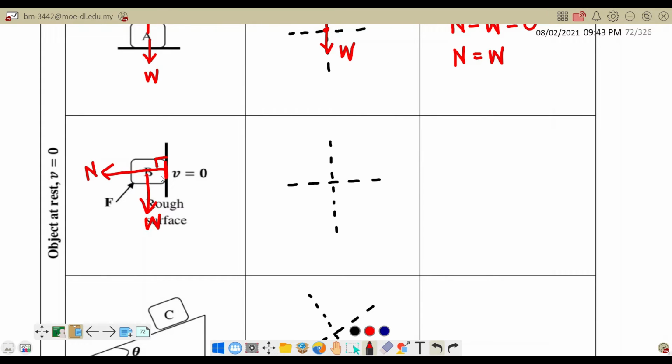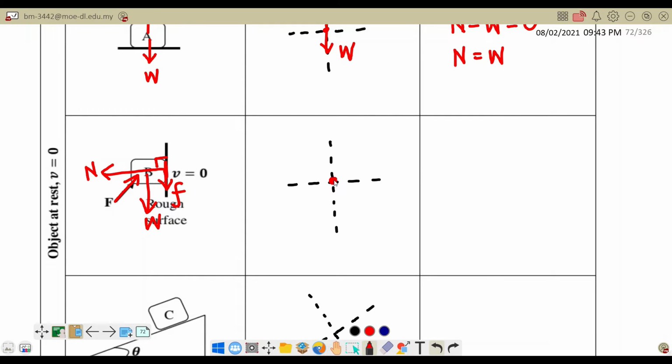Do we have frictional force? Yes, because the external force is pulling upward, meaning that the frictional force will oppose the direction, so the frictional force will act downward. And this is our external force. So we draw all these forces from the origin.